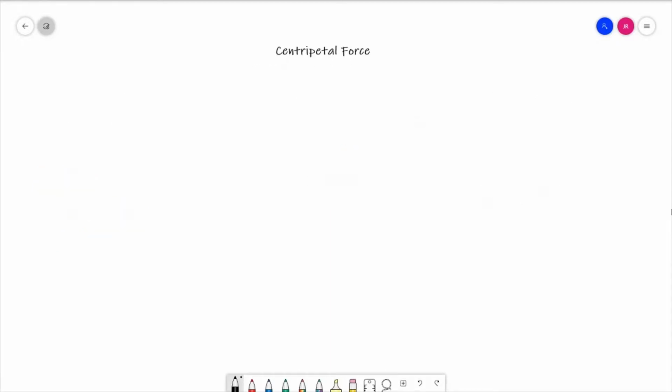We can now tie all of this together into centripetal force. In order to do that, we're going to take Newton's second law, which states that the force is equal to the rate of change of momentum of an object.